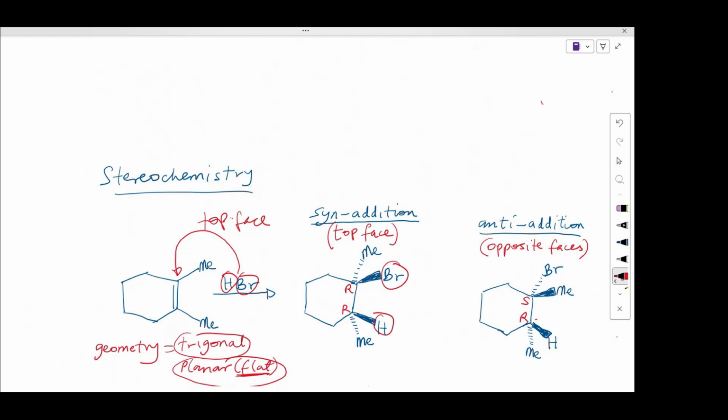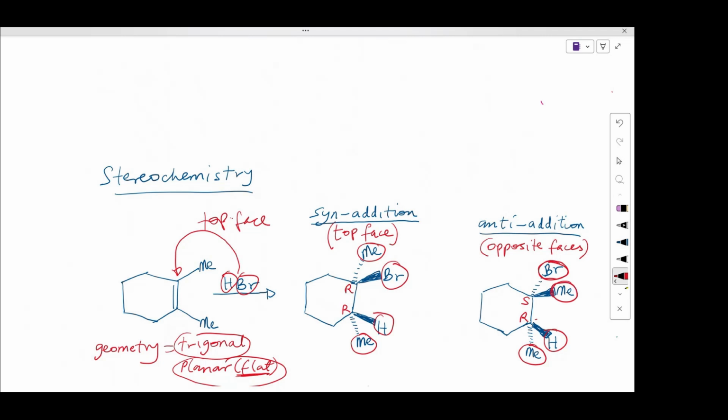That means automatically that the methyl group will adopt opposite stereochemistry, which is the dash bonds. Also, we will form an anti-addition product in which the hydrogen and the bromine will be on opposite stereochemistries. So if the hydrogen is on a wedge bond, then that means this methyl group will be on a dash bond. And since bromine is on the dash bond here, that means this methyl group will be on a wedge bond.